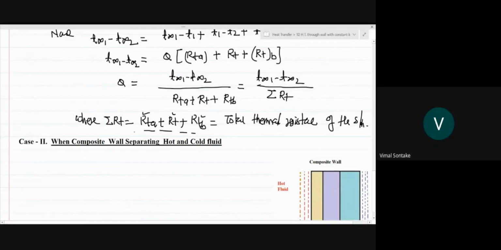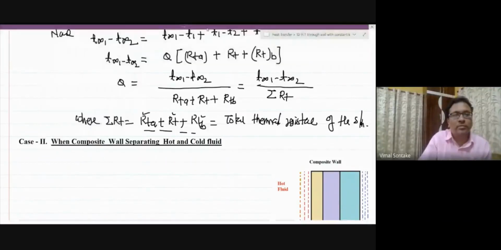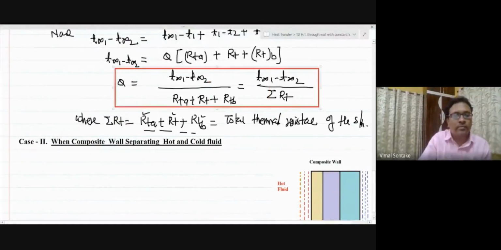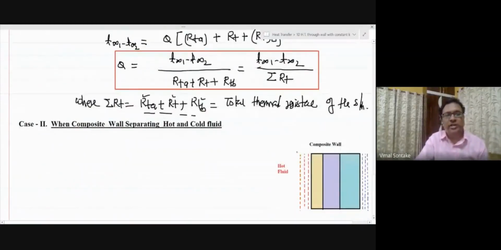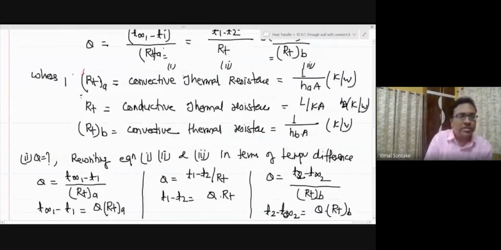And this is the expression. So this way we can find out heat transfer rate equations if a plane wall is separating two fluids, hot and cold. And we can also calculate the individual thermal resistances with the help of these equations.